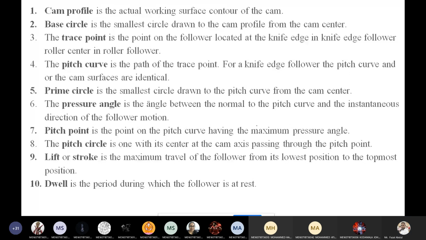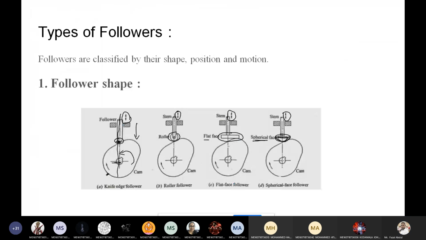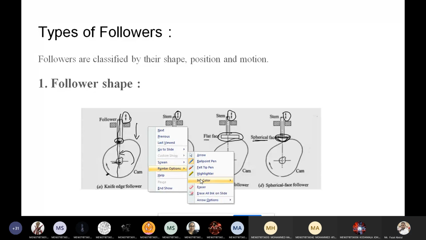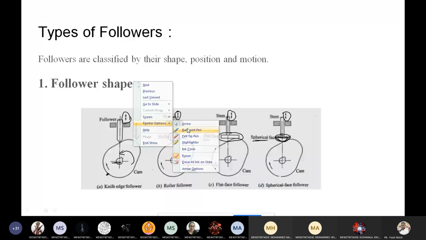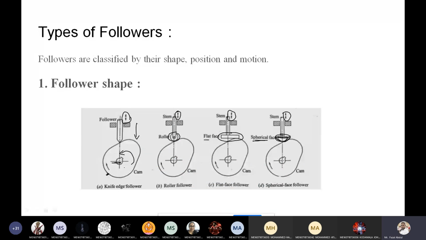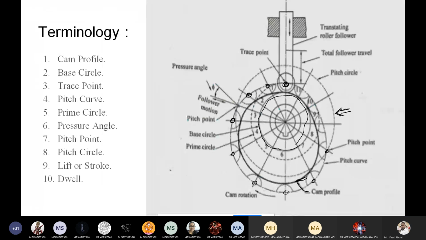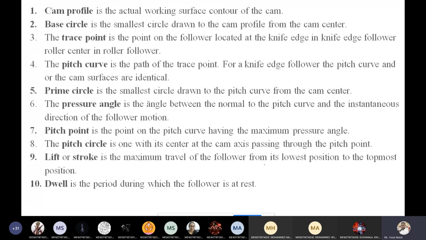Where the knife edge is, only there can the trace point be obtained. And for the roller follower, we can find the trace point at the center of the roller.